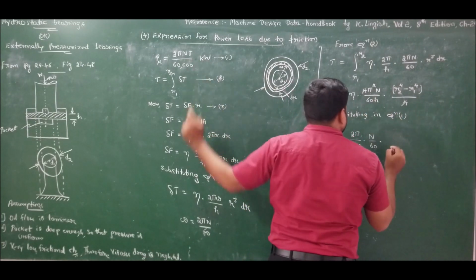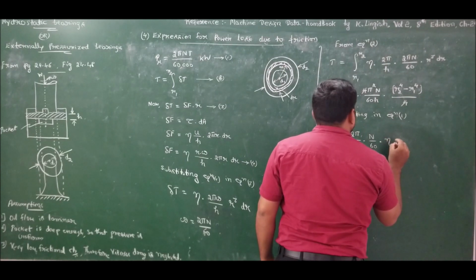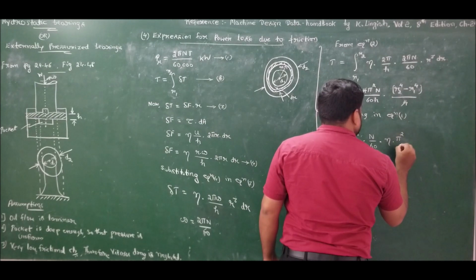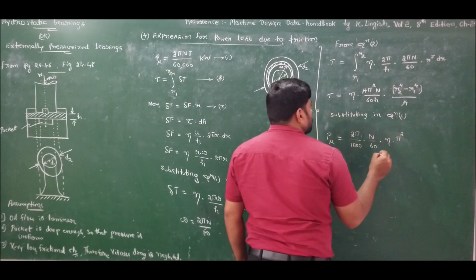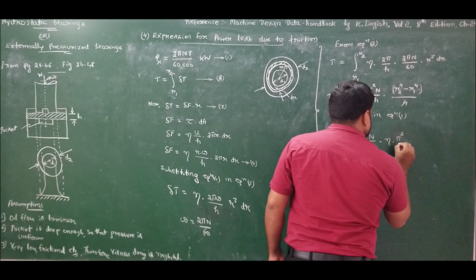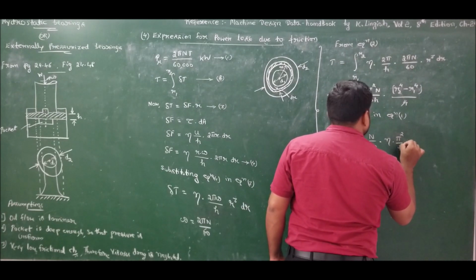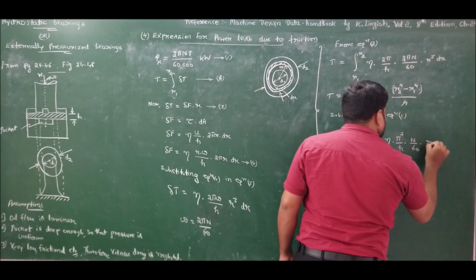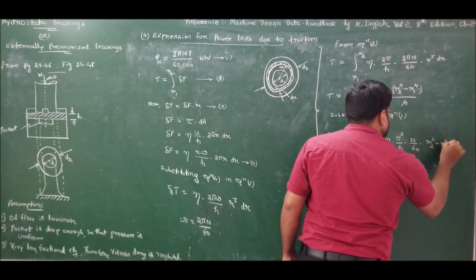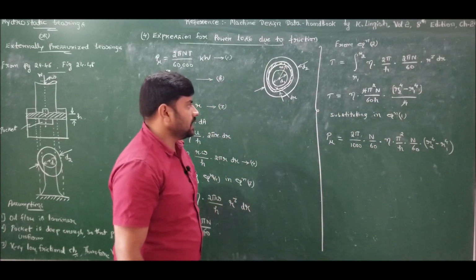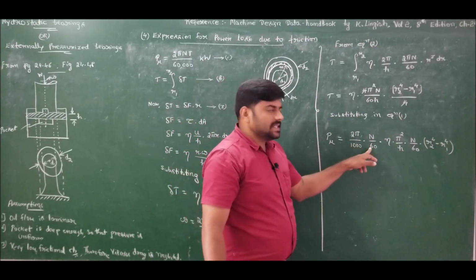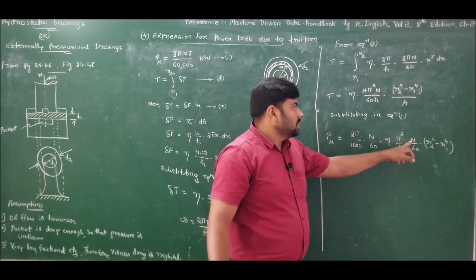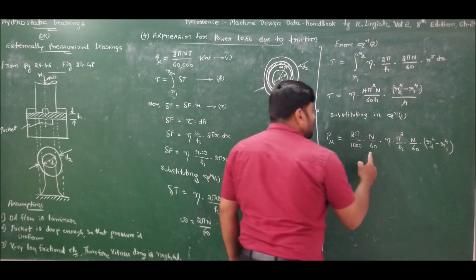Torque is this one, so that is eta into pi square by h, again n by 60, into R2 to the power of 4 minus R1 to the power of 4. Correct? N by 60 can be written as RPS. That is RPM by 60 is RPS, that is small n dash.